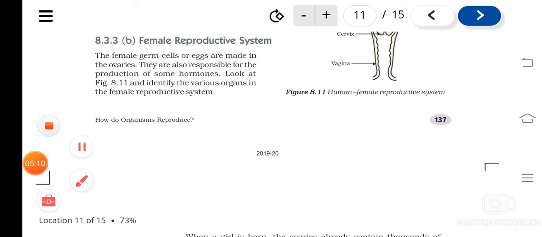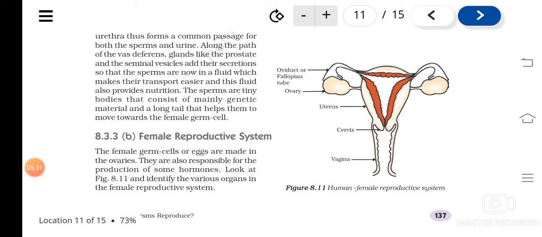The first one is the ovaries. So what are the functions of the ovaries? Like the testis: what were the functions of the testis? It produces the sperms and also the male hormones. In the same way, here the ovaries are responsible for the production of female germ cells, which we also call eggs, isn't it?